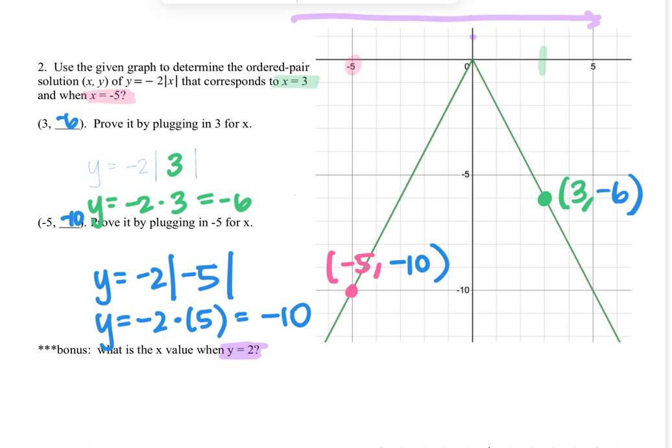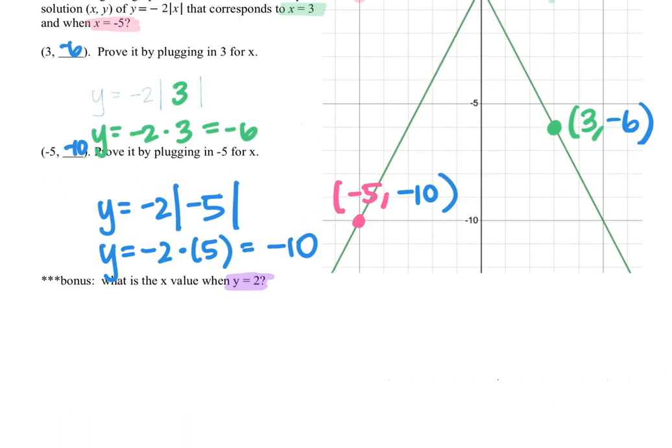When y is 2, we have no x's. Well, let's see how this plays out when we do the math. We're going to write y equals -2 times the absolute value of x. We're plugging in 2 for y this time. So we're going to erase y, and we're going to put 2 in its place.